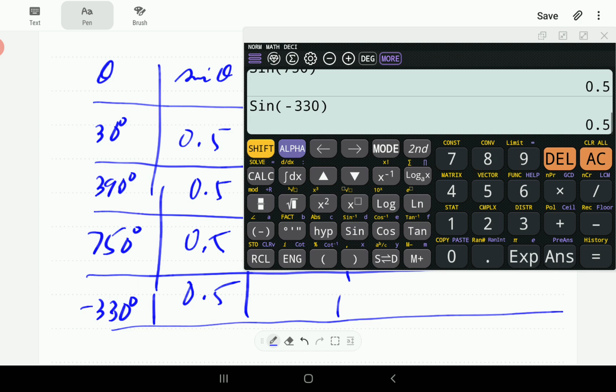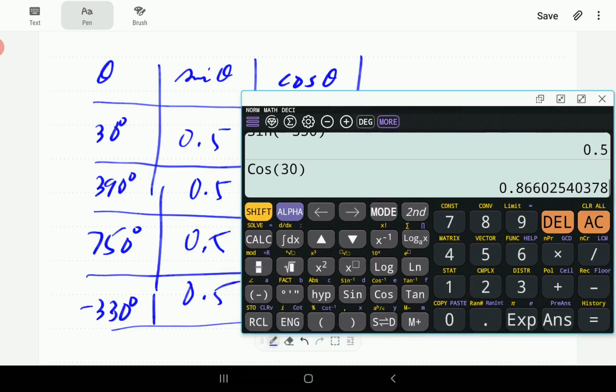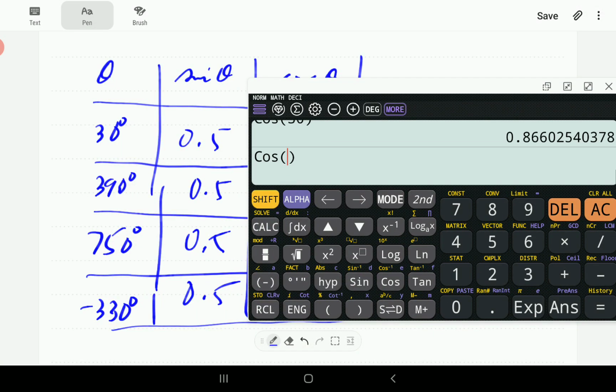Now we're going to try the cosine. So we're going to start with cosine 30. It's 0.866. Then I'm going to do cosine of 390. Cosine 390 is also 0.866.